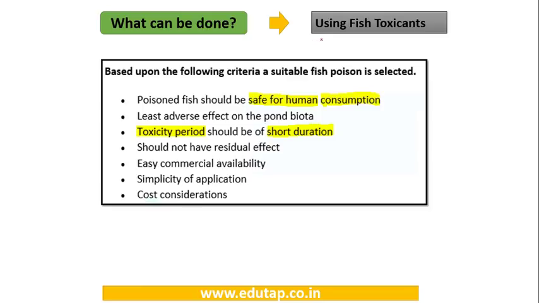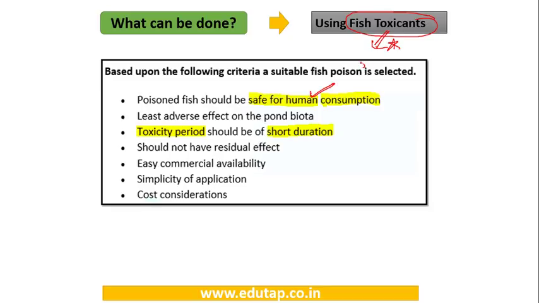But how do we do that? Very simple. We need to use fish toxicants. But obviously, whenever we are using something which is poisonous in nature, there are certain precautions or points that we need to keep in mind. What are those points? The poisoned fish, which is obviously going to be left out, should be safe for human consumption.